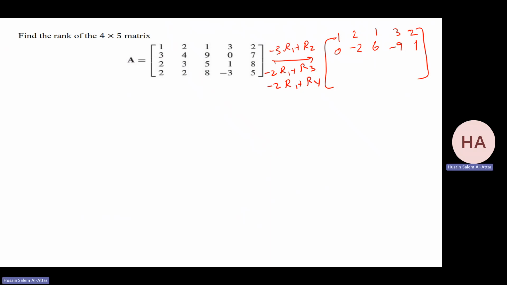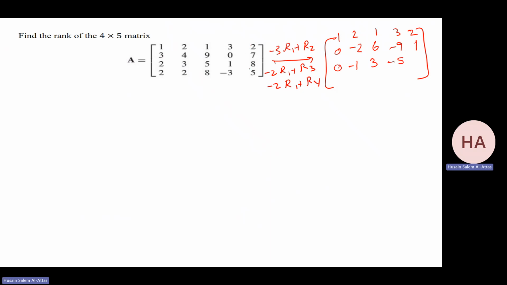Now, what will be the next one? Minus 2 and add, that will be 0. Minus 2 and add, that will be minus 1. Minus 2 and add, that gives me 3. Minus 2 and add, so it will be minus 6 plus 1, minus 5.